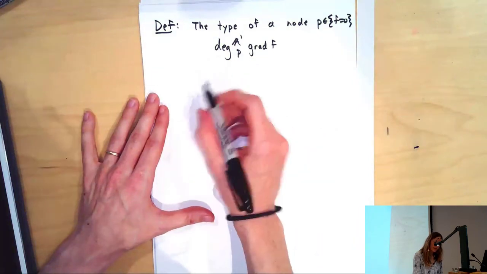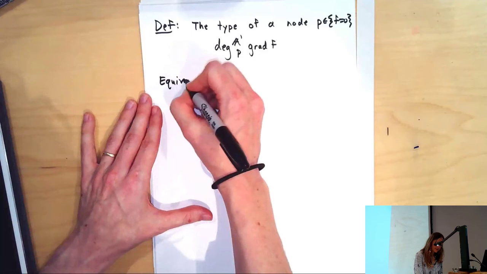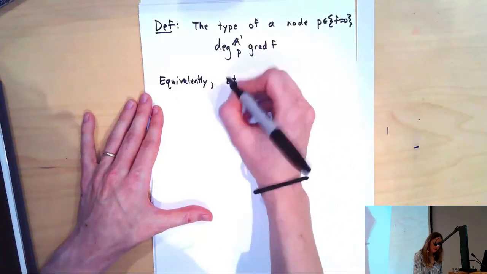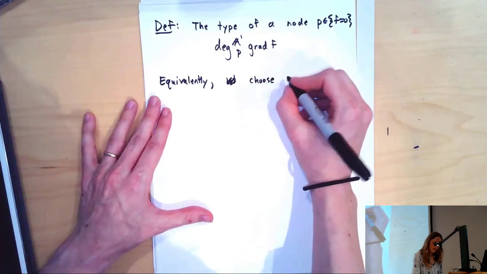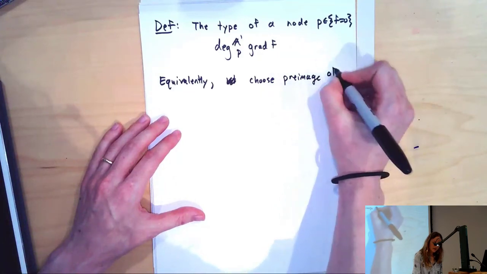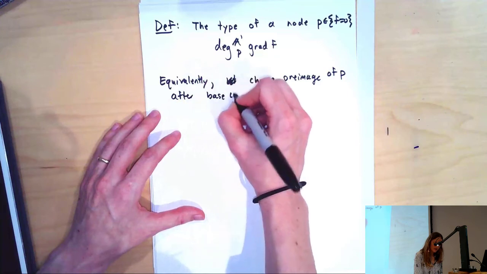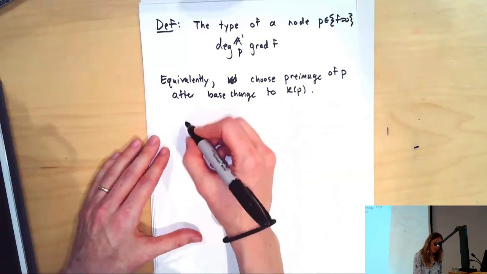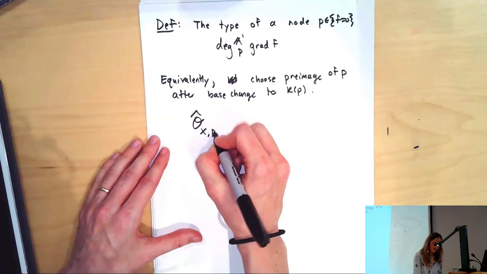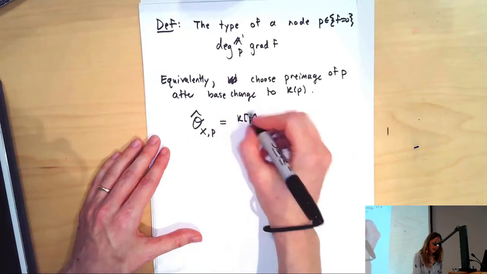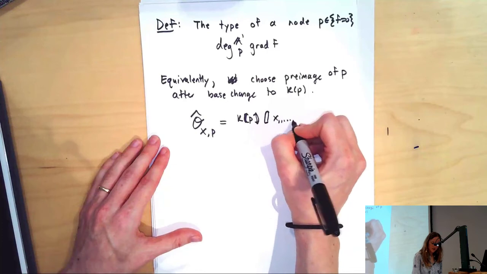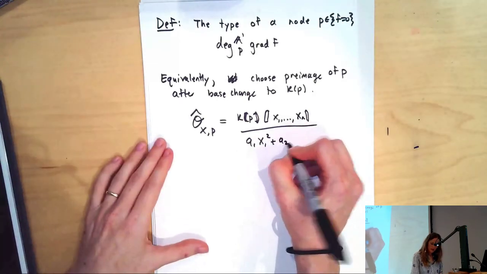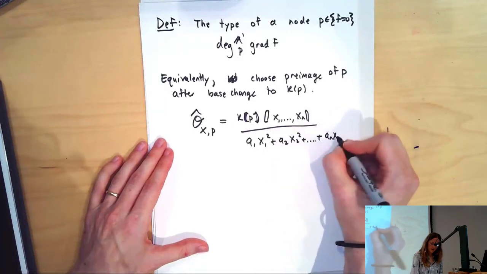Equivalently, choose a preimage of P after a field change to k(P), then the node is cut out in the completed local ring, just call it P again, k(P)[[x1, ..., xn]] modulo a1 x1 squared plus a2 x2 squared plus ... plus an xn squared.